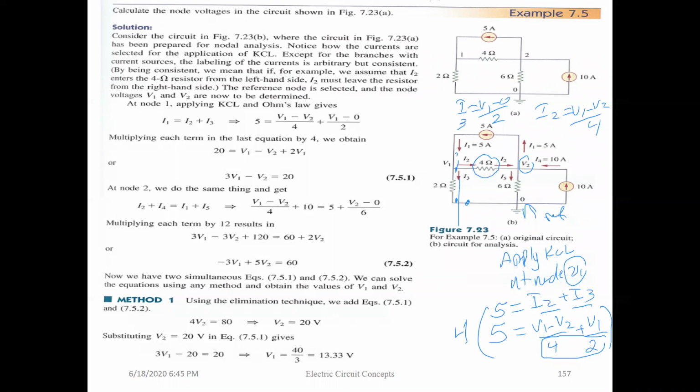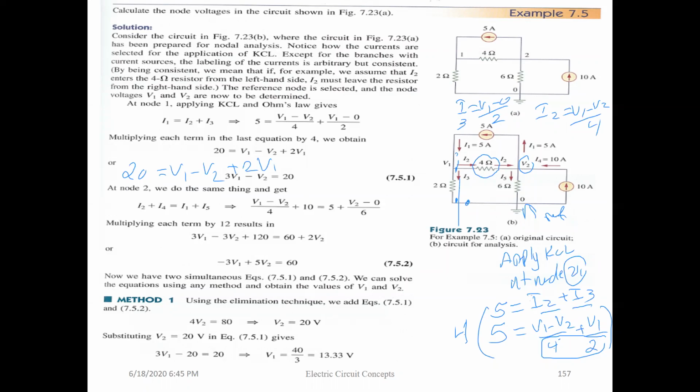So my equation will be 20 equals, 4 times 5 is 20, and then 4 times V1 minus V2 over 4, so the 4 cancels out and it will be V1 minus V2, and then 4 times V1 over 2 is 2V1.